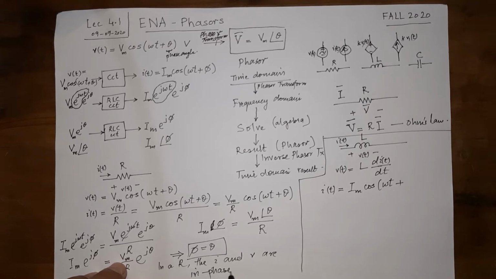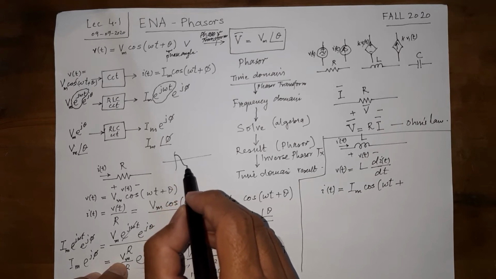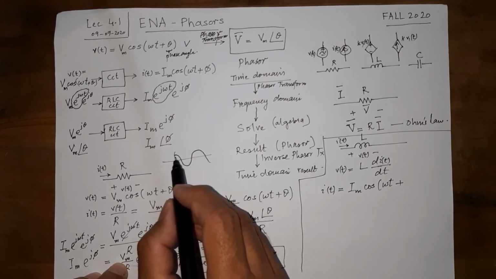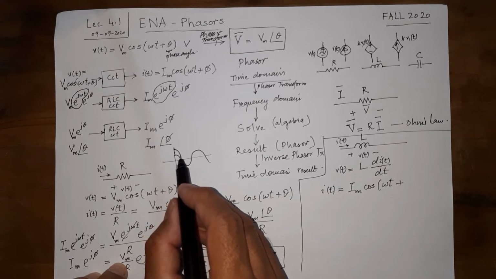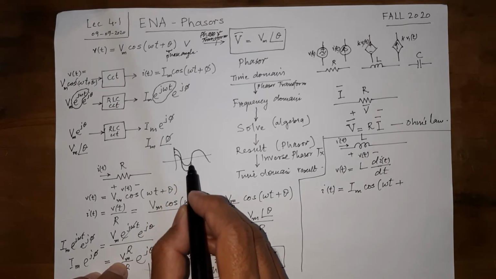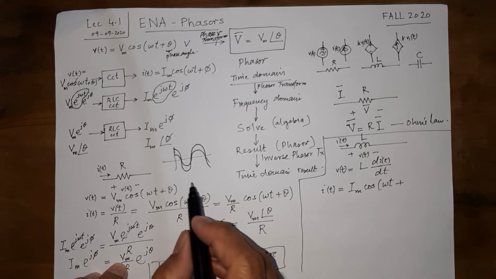This is an important result, so I have written it. In a resistor, the voltage and current are in phase. So if this is the voltage across a resistor, and on a different scale, the current through the resistor would be exactly synced with the voltage.